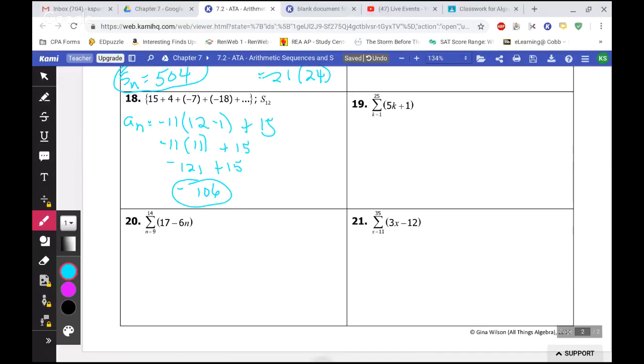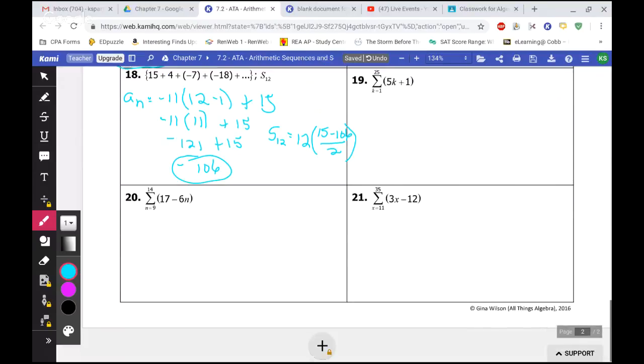So now we'll plug into our summation formula. So it's 12 terms. And our first term value is 15. Our second term value is negative 106. That's all divided by 2. And we've got 15 minus 106.